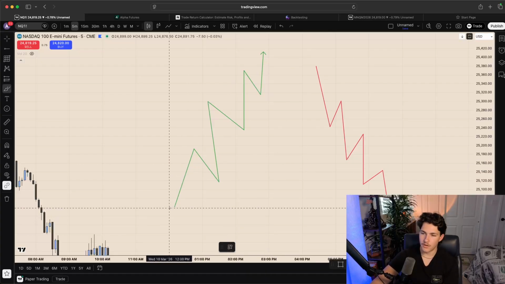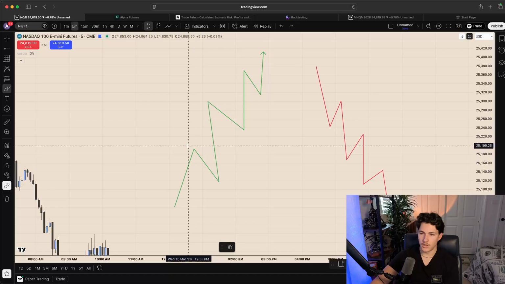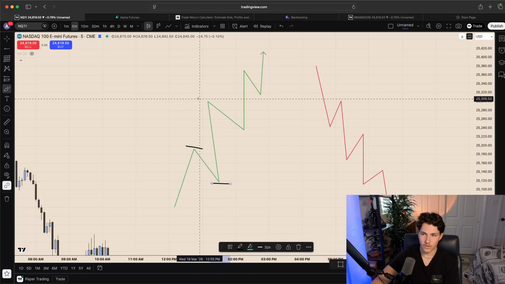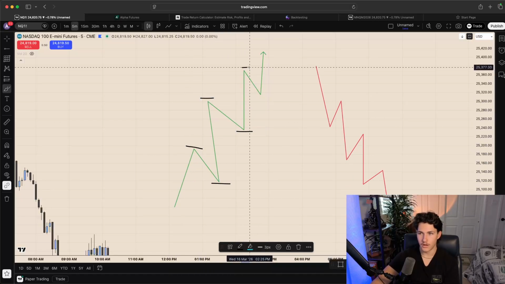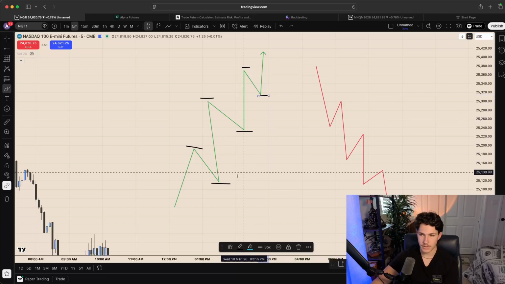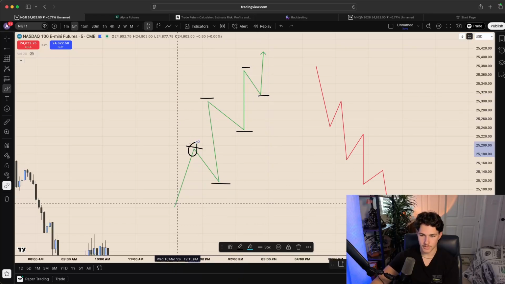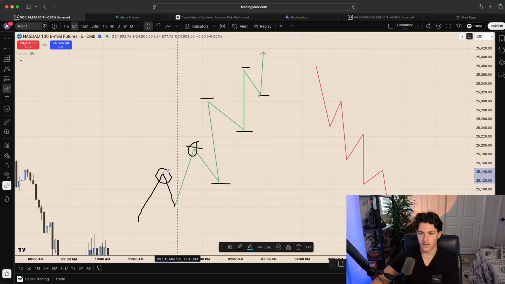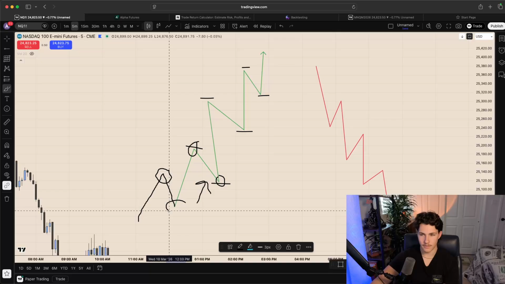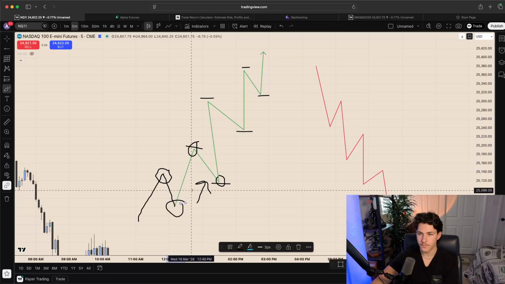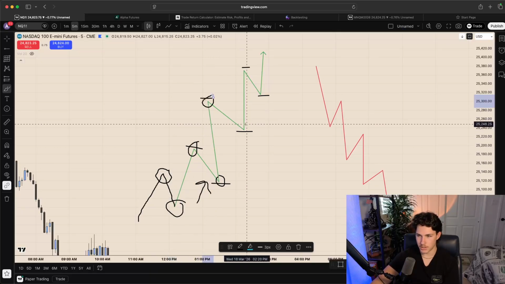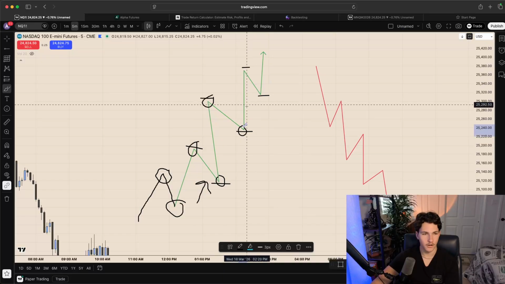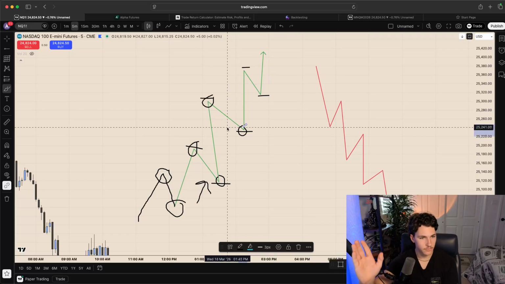In the uptrend, we have a higher high, higher low, higher high, higher low, higher high, higher low. What does that mean? This high, if we continued this down here, would be higher than this high, as you can see on the chart. And this low right here is higher than this previous low. And it just continues, higher, higher, higher. And that is what makes an uptrend.